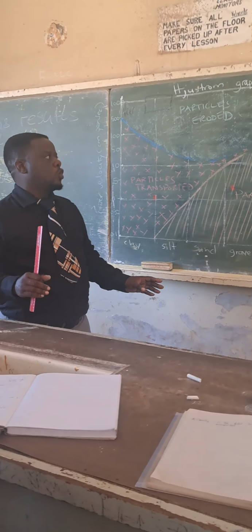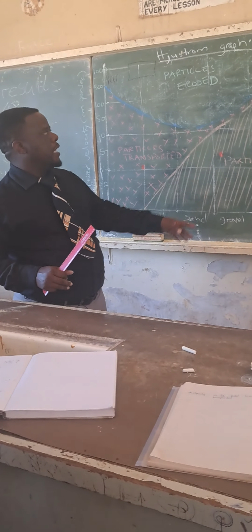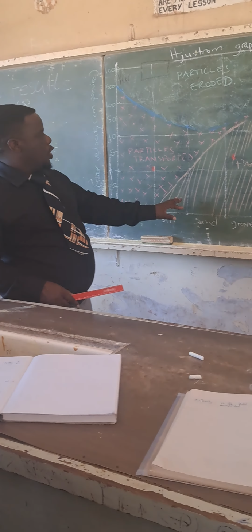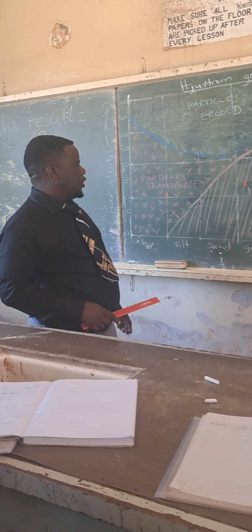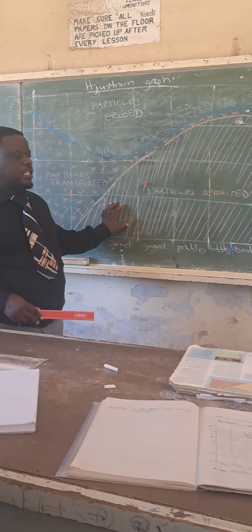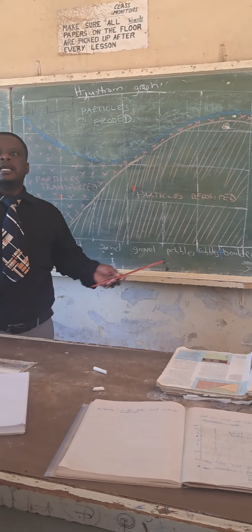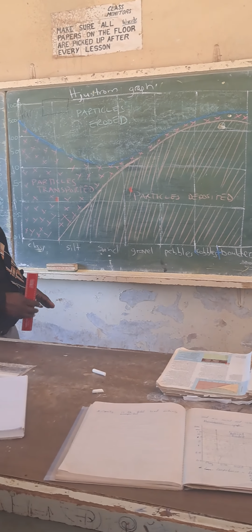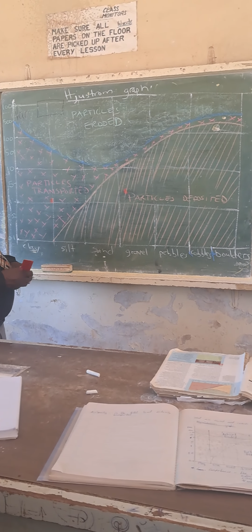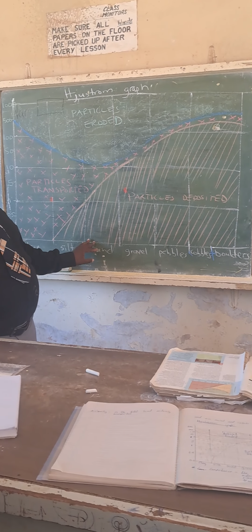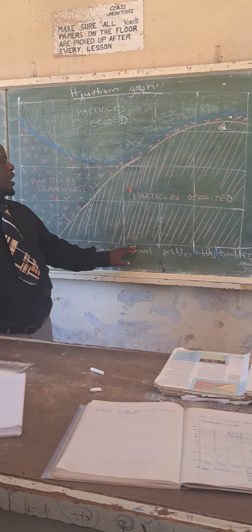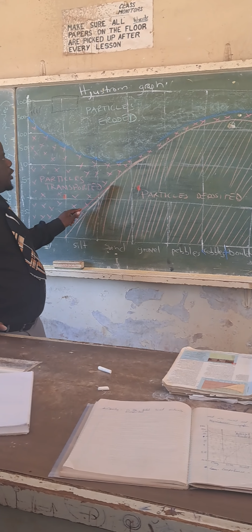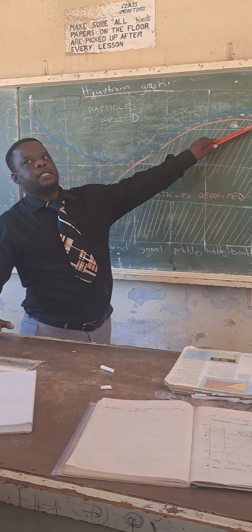But as these particles increase in size, the rate of transportation gets reduced. So we are saying on particles deposited, as particles increase in size, their rate of deposition tends to be enhanced. No wonder our graph increases from gravel, pebbles, cobbles up to rock boulders, as depicted by this part.